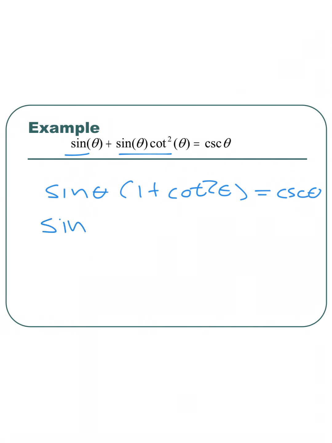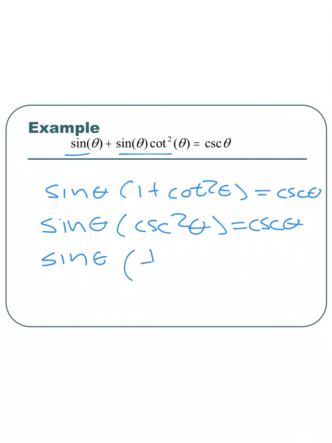So I'm going to go ahead and write this as sine of theta times cosecant squared of theta. And now I can rewrite cosecant as 1 over sine. So I have sine of theta times 1 over sine squared of theta. I can get my sine in my numerator to cross off with one of my sines in my denominator, so I am left with 1 over sine of theta. And if I rewrite that using my reciprocal identity, I have cosecant of theta, which is what I needed it to simplify to be.